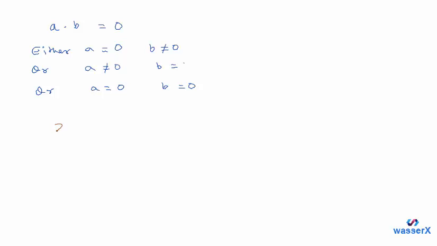Let's say we have the equation 2y times y plus 3 times 3y minus 1 is equal to 0. And we want to find out the value or values of y that will make the left hand side equal to the right hand side, which is 0.